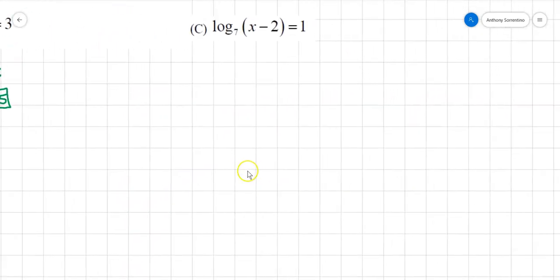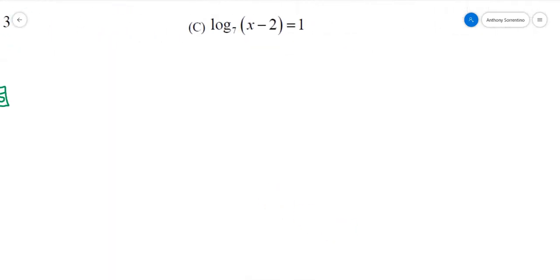Part C, not much more difficult. Now again, you have to make sure that you're following some basic equation solving techniques. Obviously, I want to get x alone on one side of the equation. I have a subtraction of 2 attached to it. I also have a logarithm base 7 attached to that quantity of x minus 2.